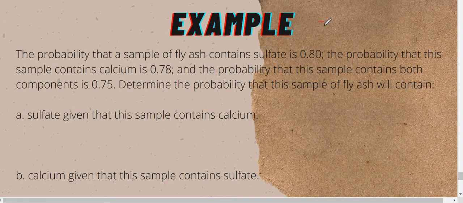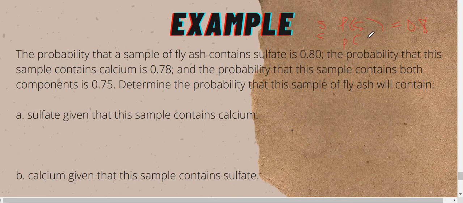Let S be sulfate and C be calcium. So the probability of sulfate is 0.8. I'm sorry, class.